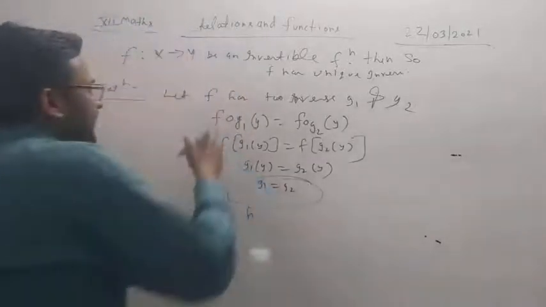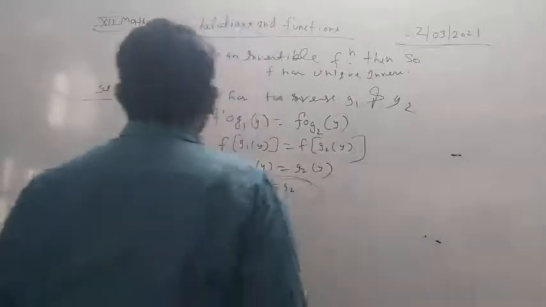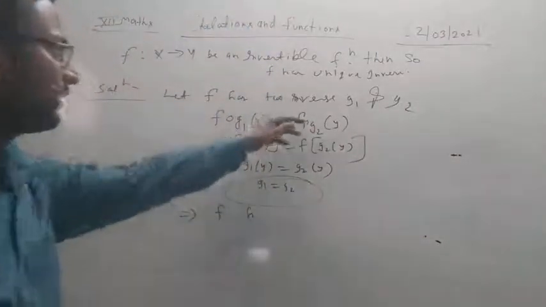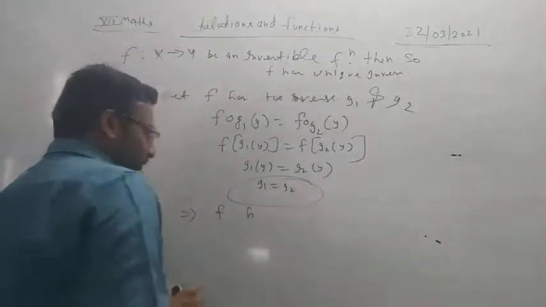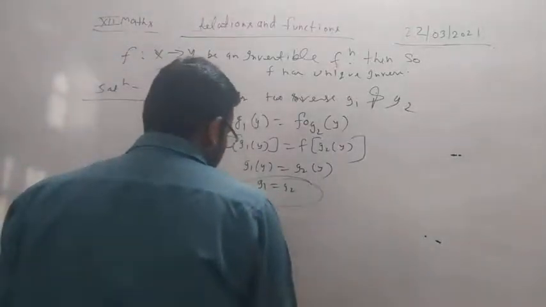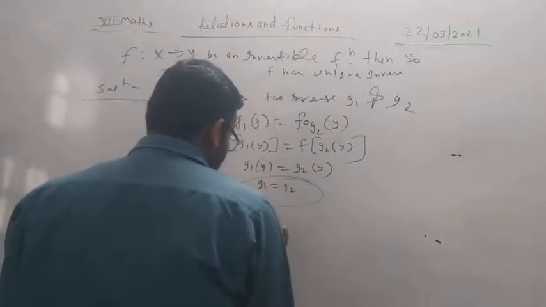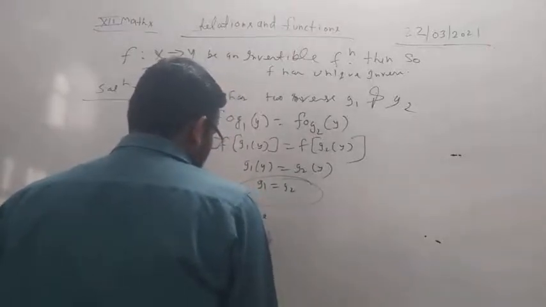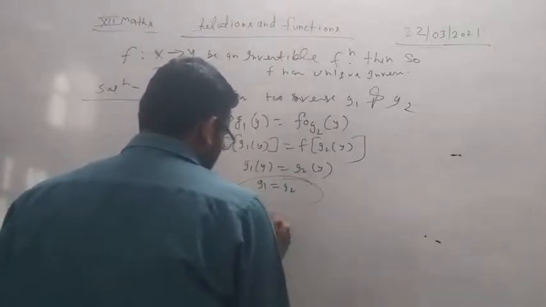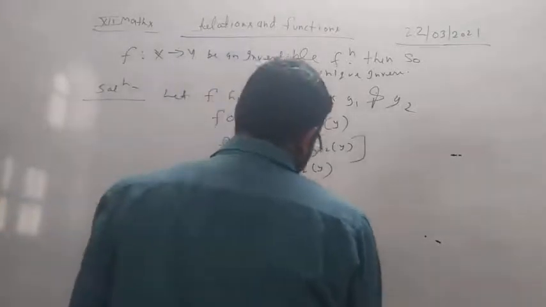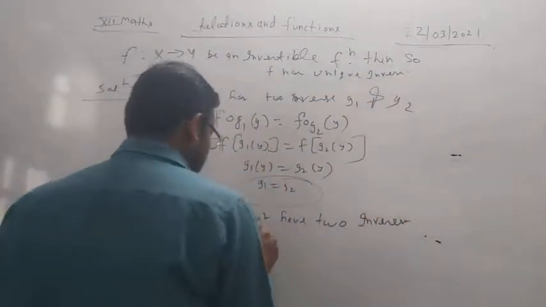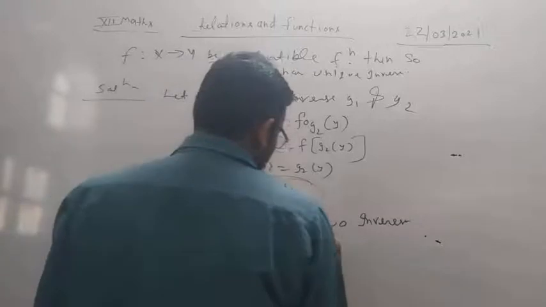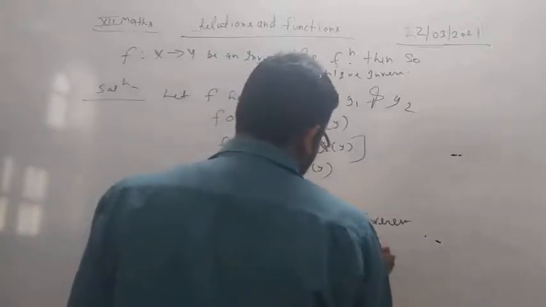So we have taken that f has two inverses, g1 and g2, but from here we are saying g1 is equal to g2, so we can say that f cannot have two inverses, it has only one inverse.